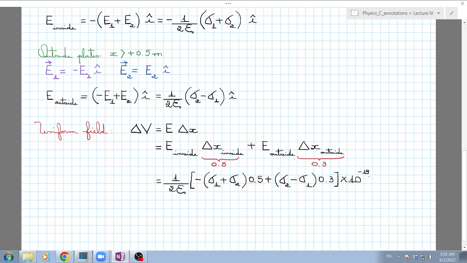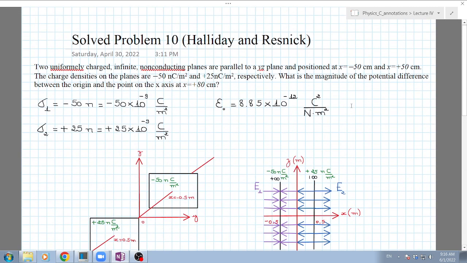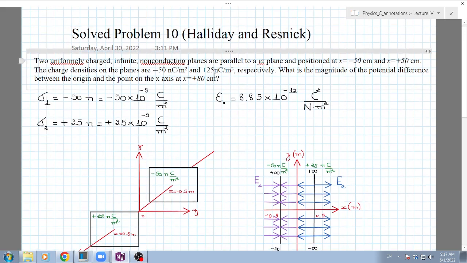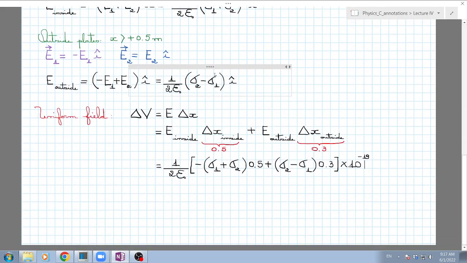Part two. Guys, if I found, you can check please, and we can discuss this next class. I found 2.4 times 10 to the 3 volts.